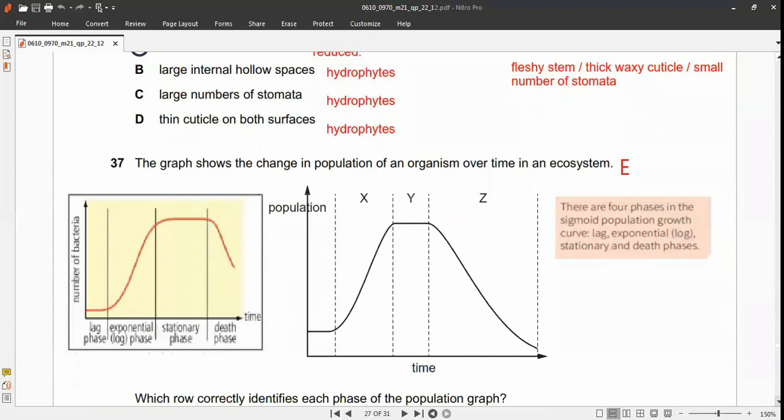The graph shows the change in population of an organism over time in an ecosystem. There are 4 phases in the sigmoid population growth curve: lag, exponential or log, stationary, and death phase.